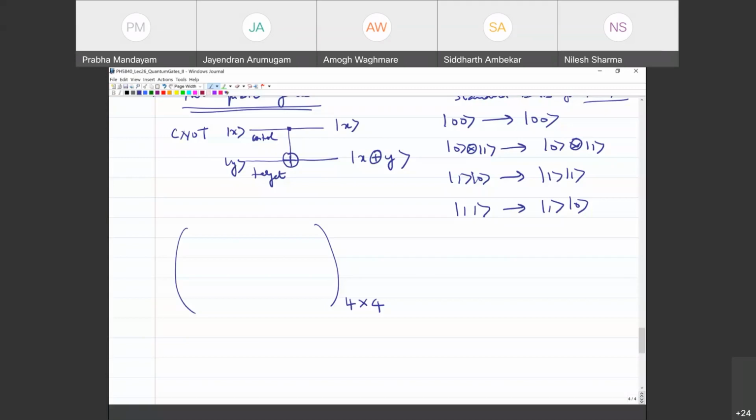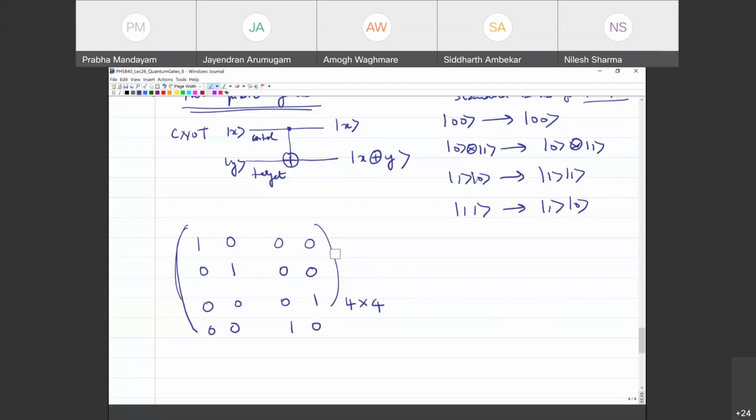And the first block diagonal will be an identity, first 2 cross 2. The next block will be a set of 2 cross 2 zeros. And the other end of the diagonal will be an X gate. And the remaining part will be 0. Yeah, very good.